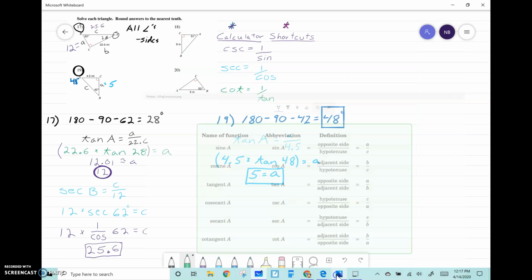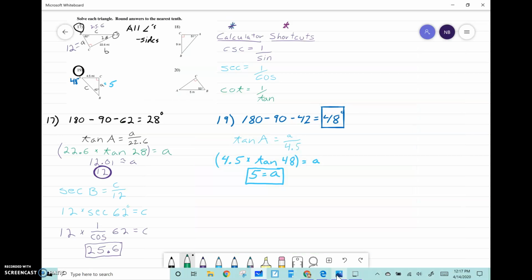So when I work back here, let's set up our new equation as the cosecant of angle A equals C over 5. And I picked that one because 5 is easy to work with. All right, so what we're going to do now is put it into an equation of 5 times the cosecant of angle A equals C.